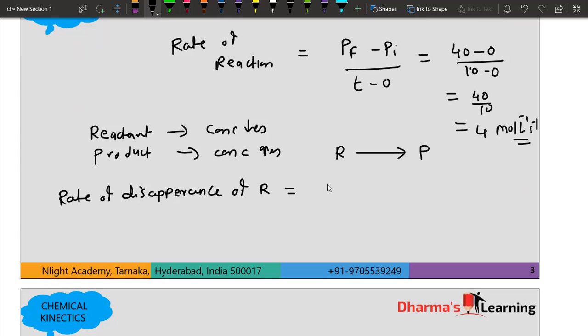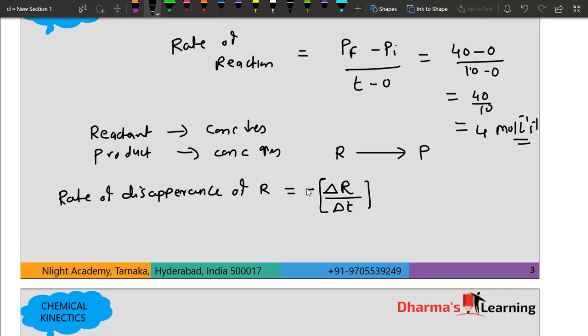I'm representing the change with delta, that is, change in the concentration of reactant divided by change in time. Already we have discussed that the concentration of reactants decreases, so we are going to get this change negative, but rate cannot be a negative value. So we maintain this negative sign at the start so that the rate is positive.